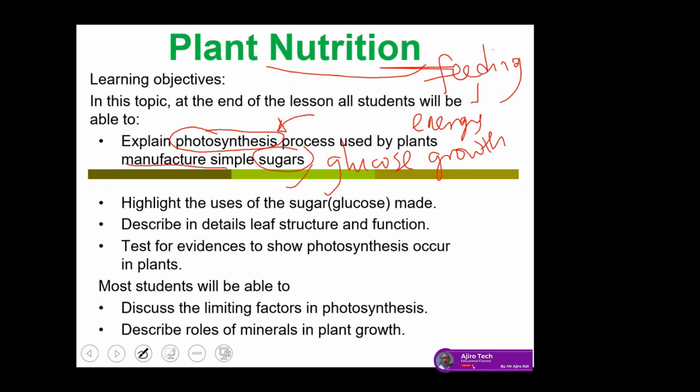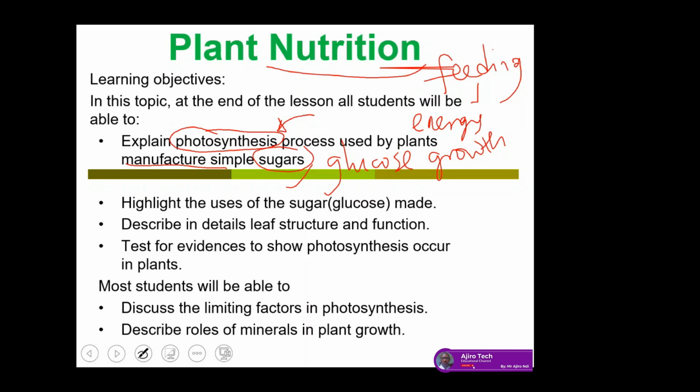So we'll just quickly run through the process of photosynthesis, since it's a lesson that you've done before. I'll just prop up some questions that we can play around with, to check how well you understand and see what we need to reinforce in terms of the learning. We'll go through the process of photosynthesis. We'll describe the leaf as an organ for photosynthesis.